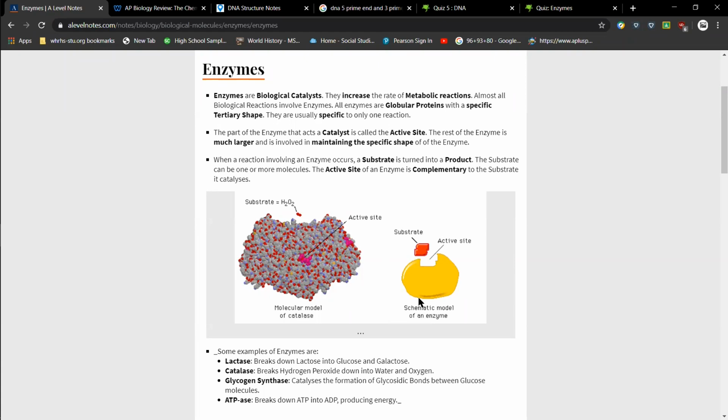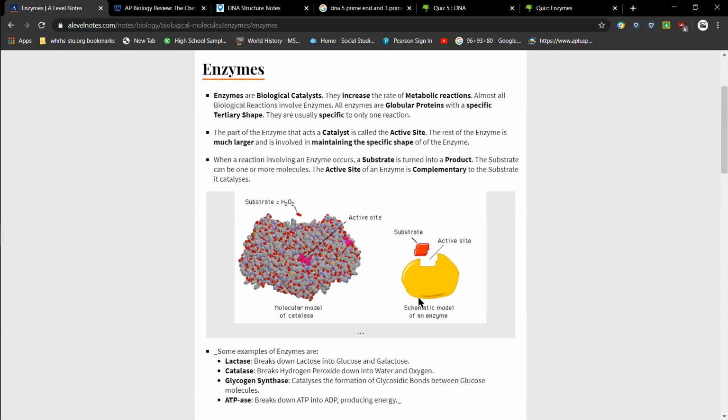When it binds, it gets bent in some sense, getting the bonds in the glucose ready to break. Because it binds really tightly, it starts to break the bonds within that glucose molecule.